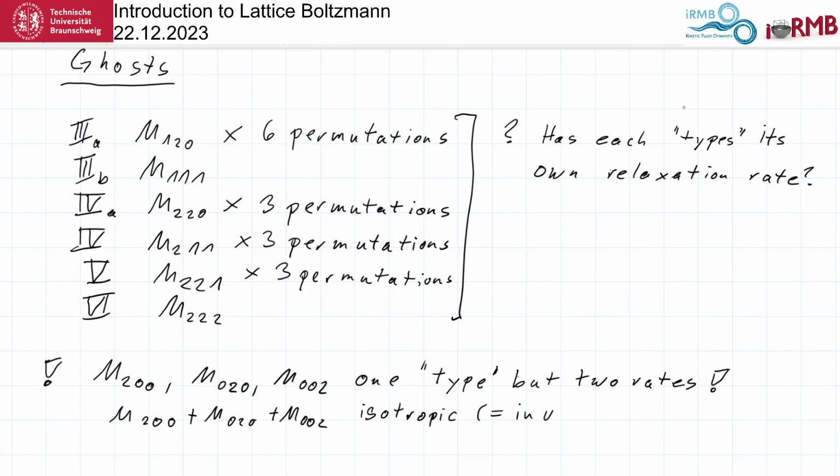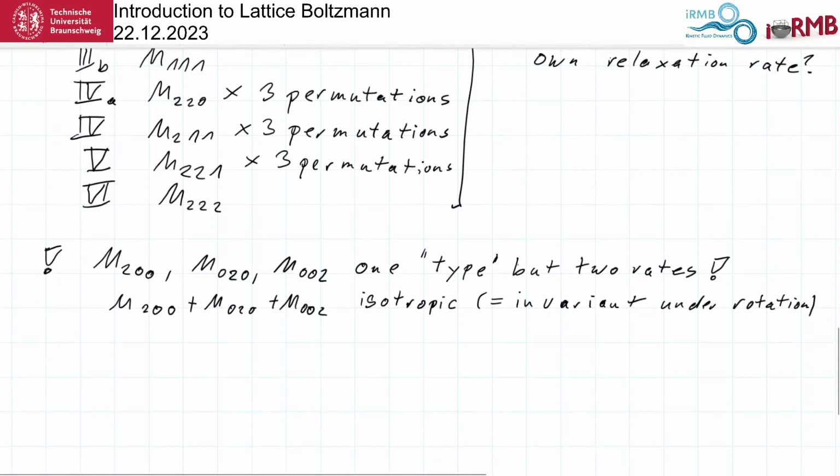Isotropy means it is invariant under rotation of the coordinate system. Isotropy is the thing we are concerned with, so we have to understand what it actually means to be invariant under rotation. And for this, we first have to see how moments actually rotate.